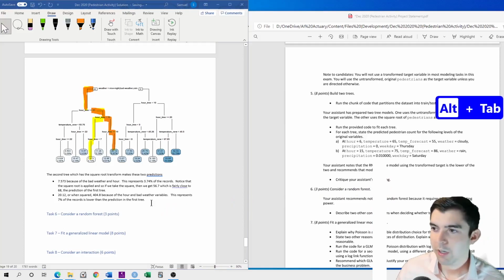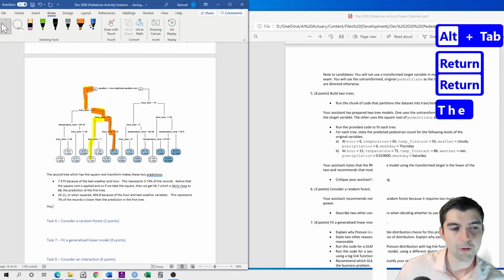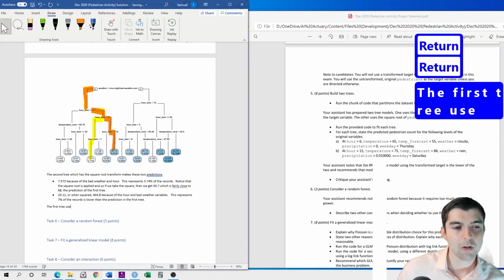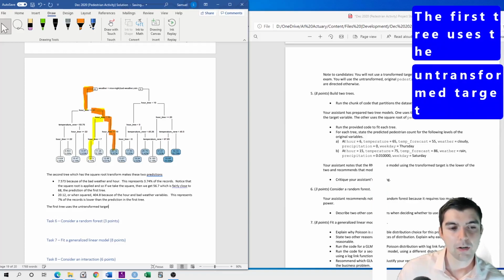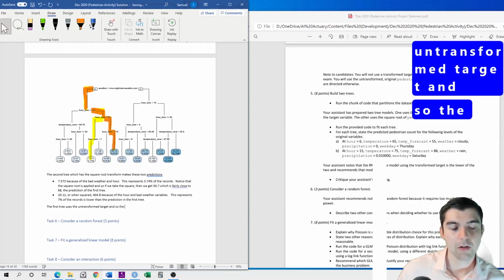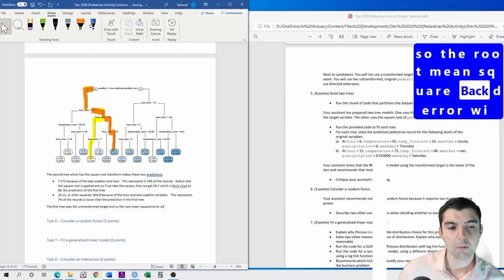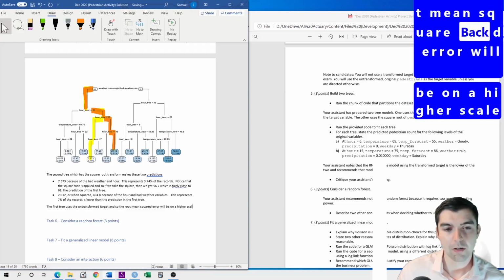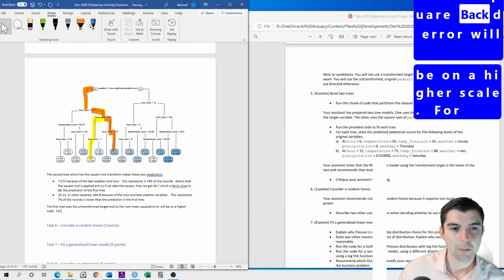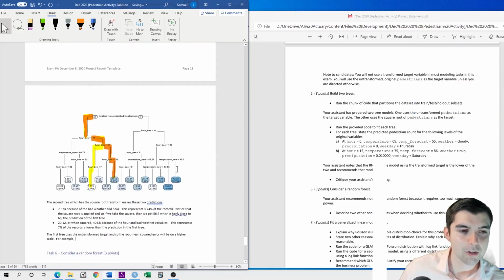Well, what we're actually talking about, the first tree uses the untransformed target, and so the root mean squared error will be on a higher scale. For example, the first tree ranges from about 60 to about 1800.